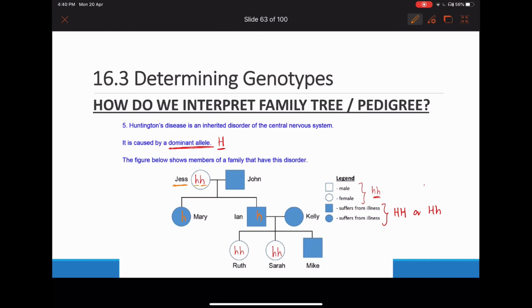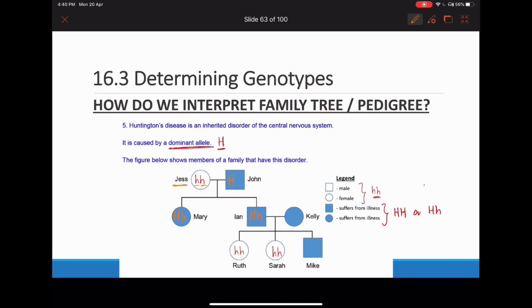And of course, from the John side, since Mary and Ian have the illness, they must also have the dominant allele. That means John must have at least one dominant allele. Do take note that this doesn't mean that John has both sets of dominant allele, because you still cannot tell much information.